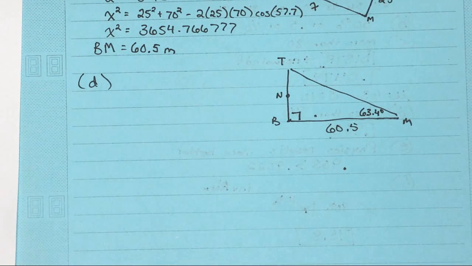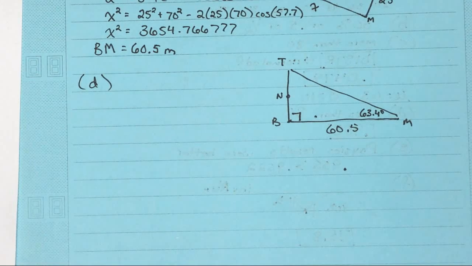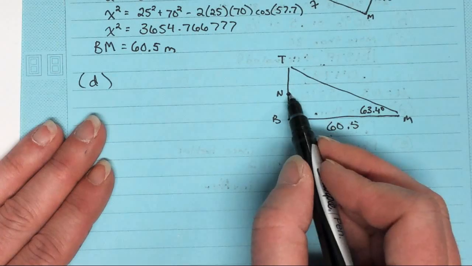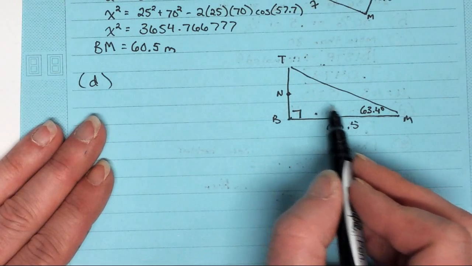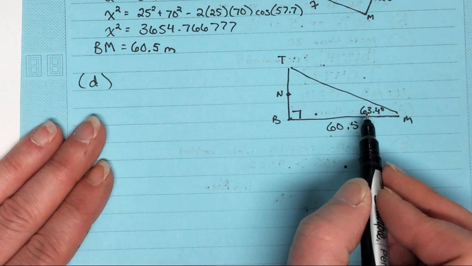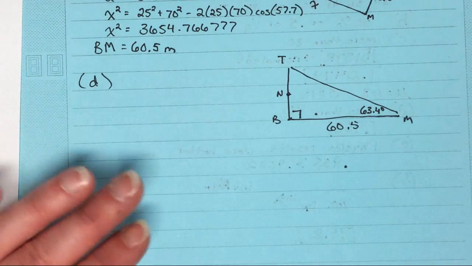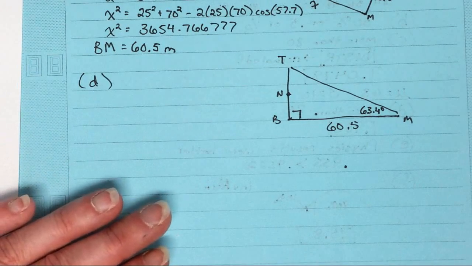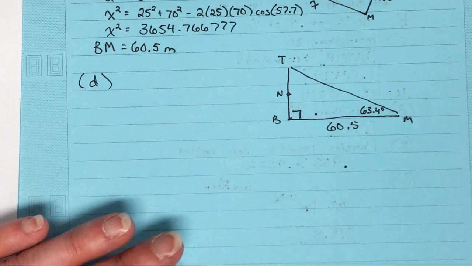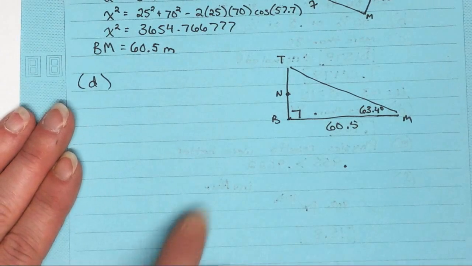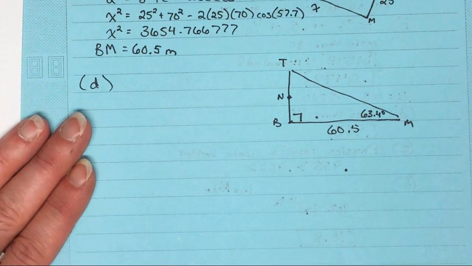Alright, so it says calculate the angle of elevation from N to M. Now it doesn't necessarily split that number in half, right? So there's a couple of ways we can do this. I think the easiest would be to find, well, how tall is T to B?